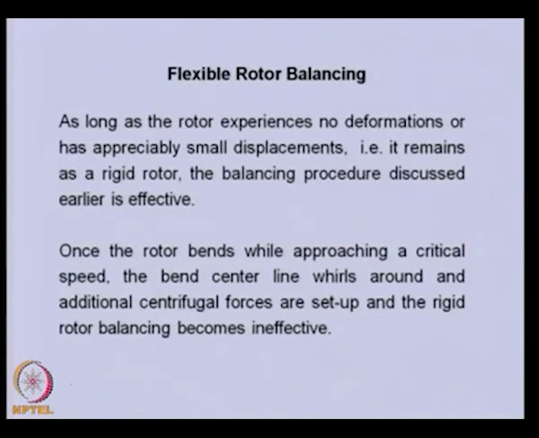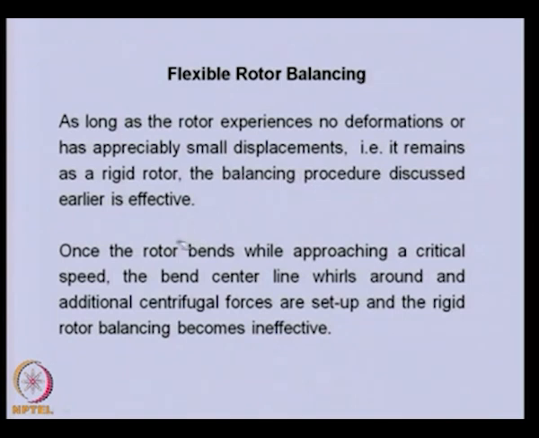When we are talking about flexible rotor balancing, we previously described the difference between the flexible rotor and the rigid rotor. Any long rotor, when it is not experiencing an appreciable amount of deformation, remains rigid, and we can balance it with whatever rigid rotor balancing method we discussed earlier.